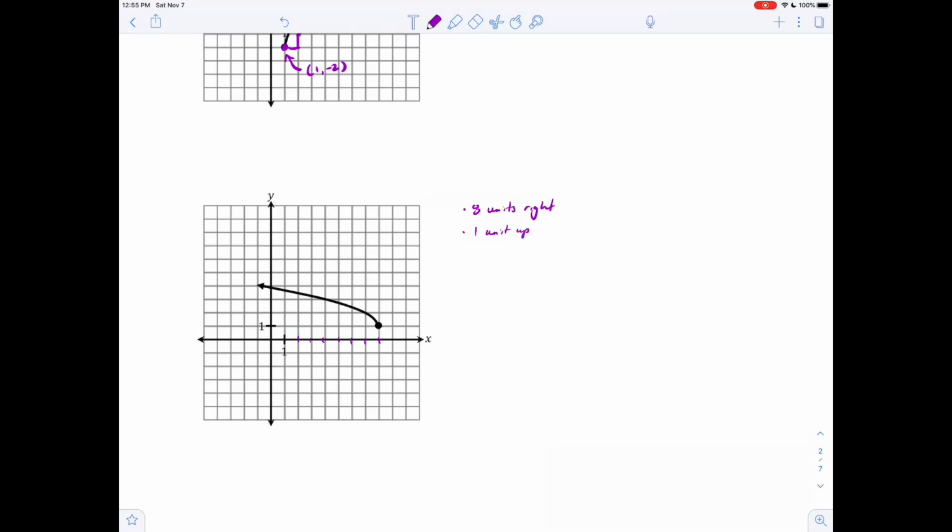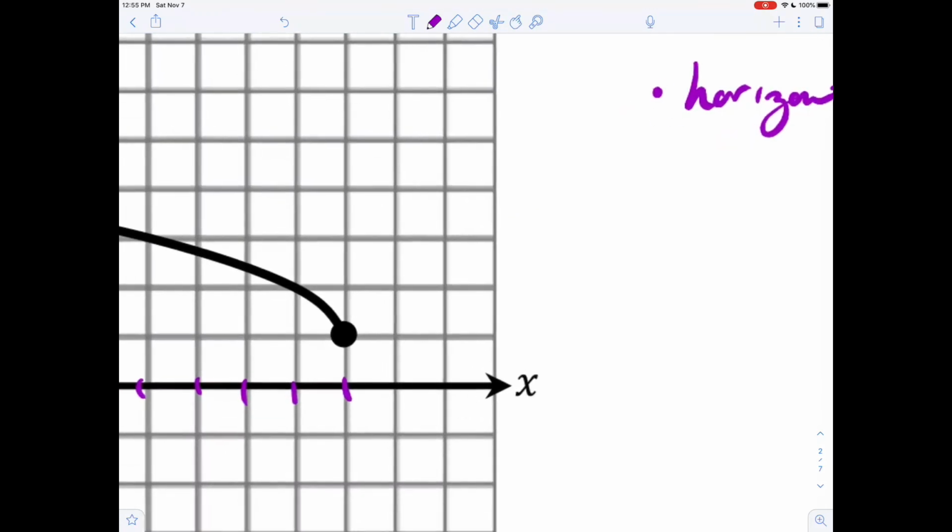I can tell there's been a horizontal reflection, because normally this thing would open that way, but now it's opening the other way. So it must have been reflected horizontally. Not vertically. Vertically means this thing's going down, down, down. And it's not doing that. So a horizontal reflection. Any kind of stretch or compression?